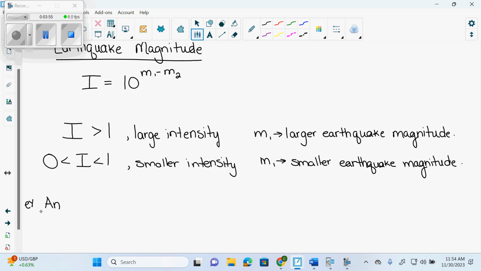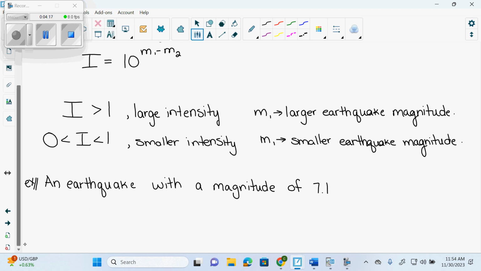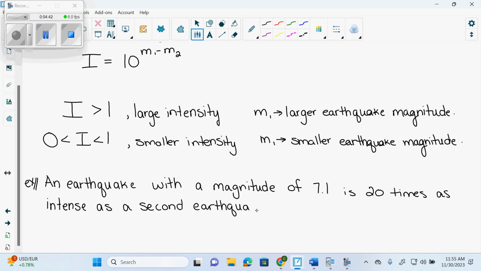An earthquake with a magnitude of 7.1, crazy earthquake, is 20 times as intense as a second earthquake. Determine the magnitude of the second earthquake.